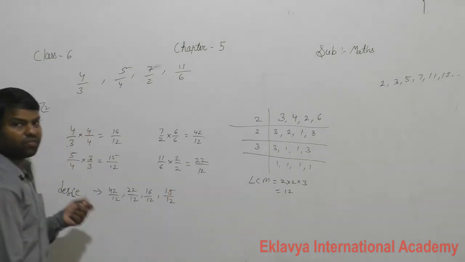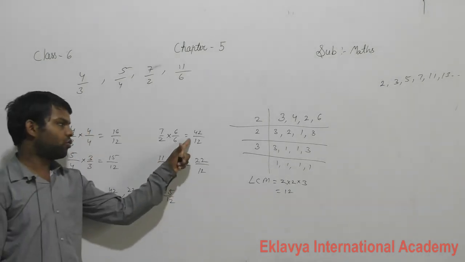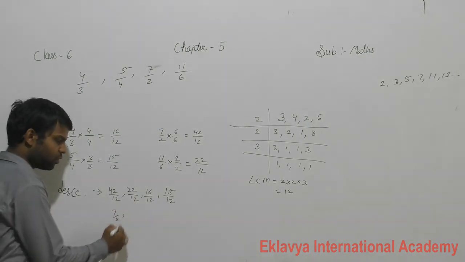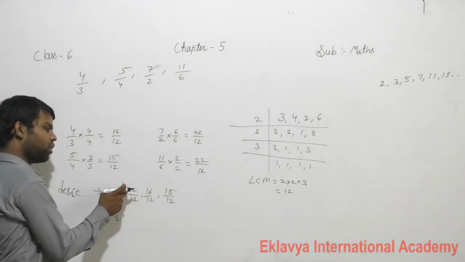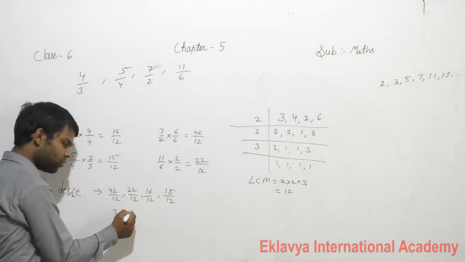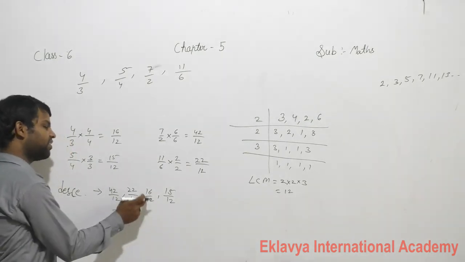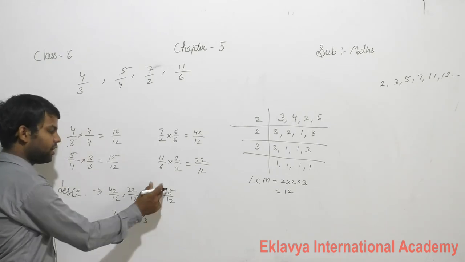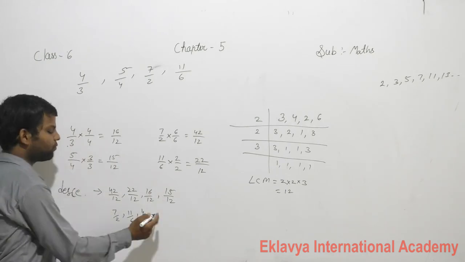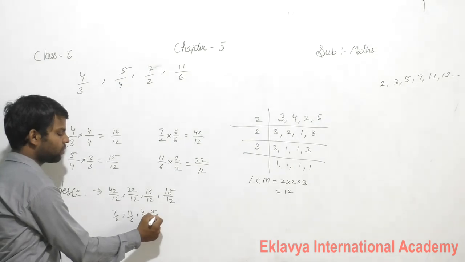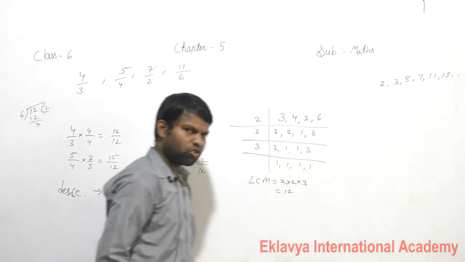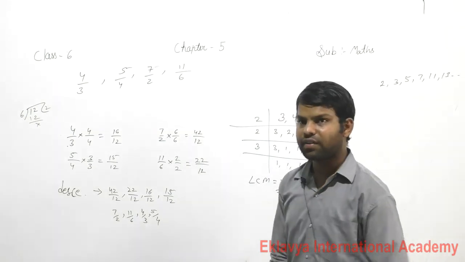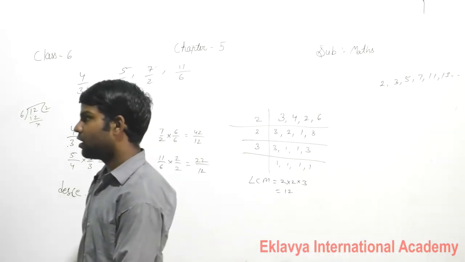But here we write fractions. So 42 upon 12 is 7 upon 2, 22 upon 12 is 11 upon 6, 16 upon 12 is 4 upon 3, and 15 upon 12 is 5 upon 4. So from this method we can arrange any number of fractions in ascending or descending order.